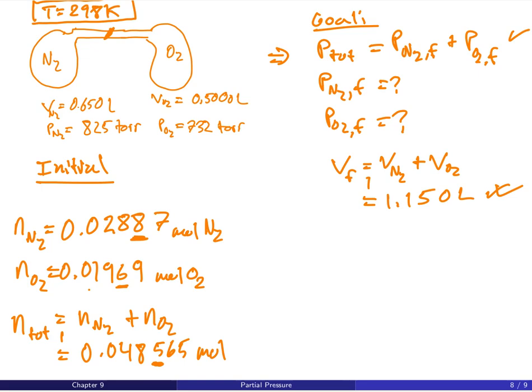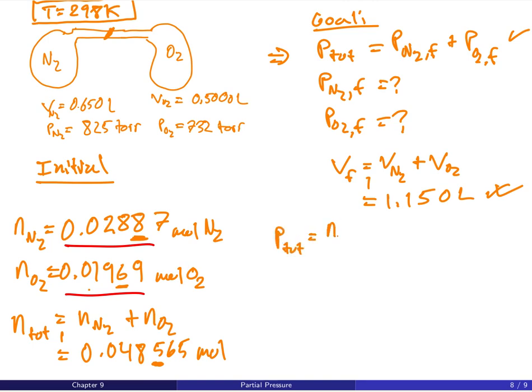We'll go ahead and take that total pressure value by first figuring out the total number of moles, adding together the number of moles of nitrogen and the number of moles of oxygen, to get this value of 0.048565 moles. Then we're going to plug this into our expression for the total pressure.